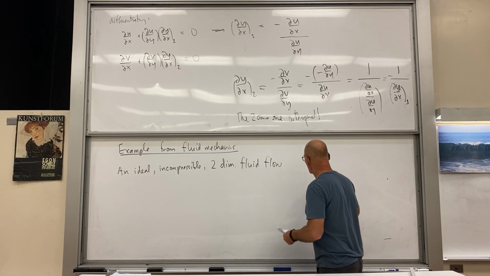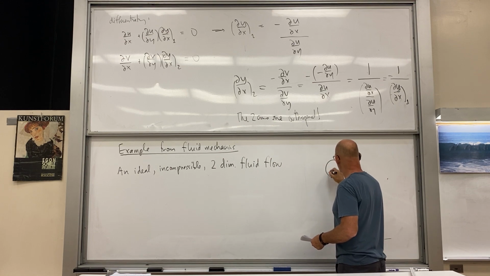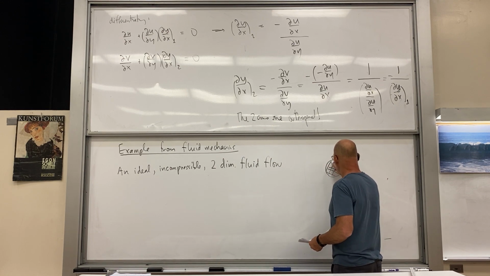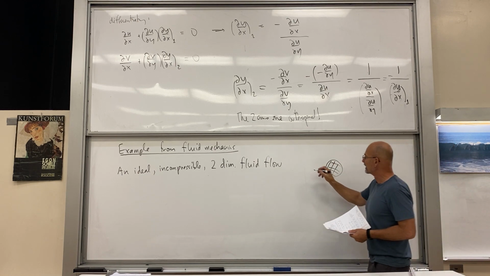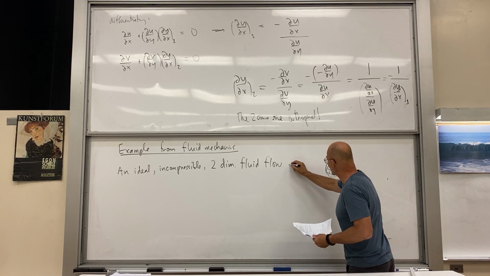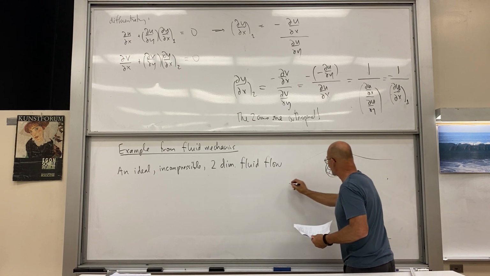And a picture to visualize is, suppose you've got an obstacle here and you've got a stream flowing past this obstacle. Okay, and you put a little dye in the stream and you'll get some streamlines like this.